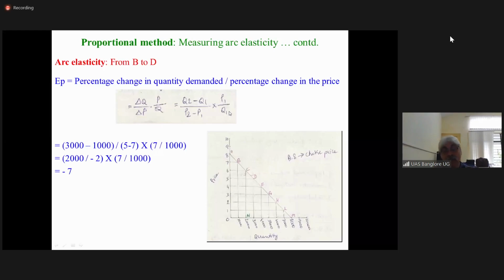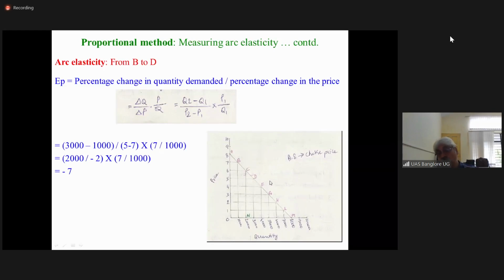This is the formula. Now we are moving from B to D. B is the original point and D is the new point. Now the formula says Q2 minus Q1. Q2 is the new point D. How much is the quantity here? 3,000 units. So Q2 is 3,000 minus Q1.